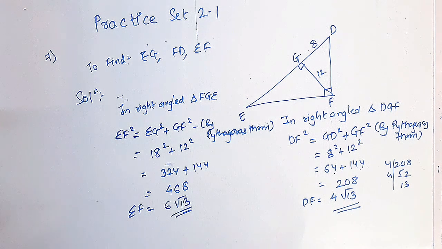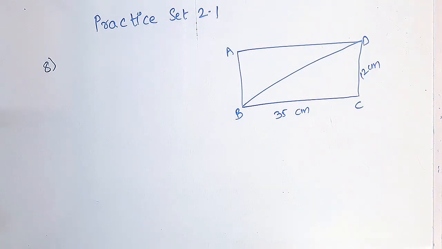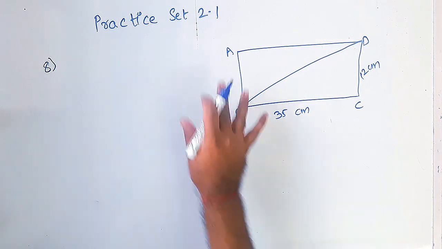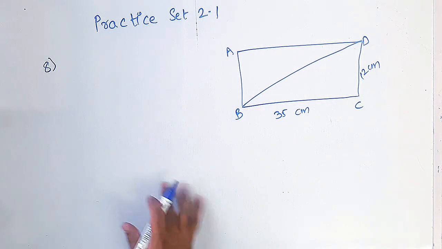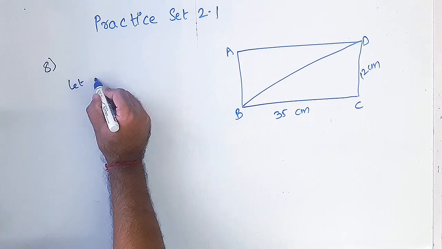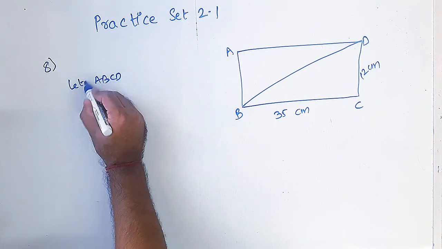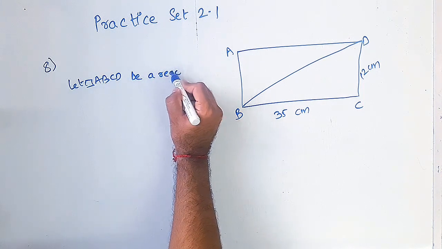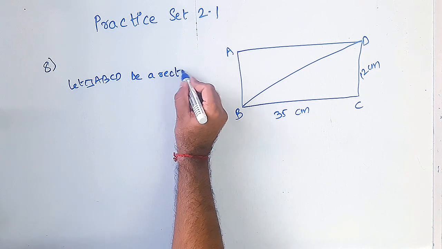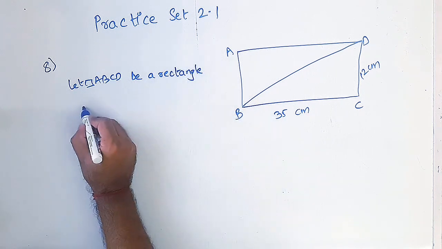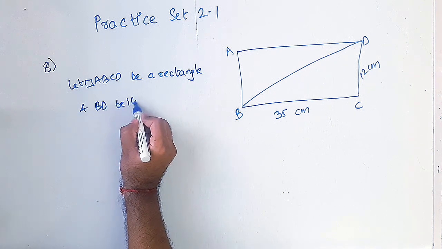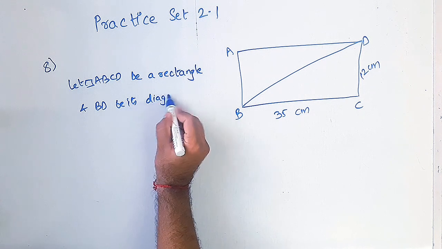Let us move on to the 8th one. They have asked to find the diagonal of a rectangle whose length is 35 centimeter and breadth is 12 centimeter. So we have drawn the rectangle on our own. We'll write, let quadrilateral ABCD be a rectangle and BD be its diagonal.